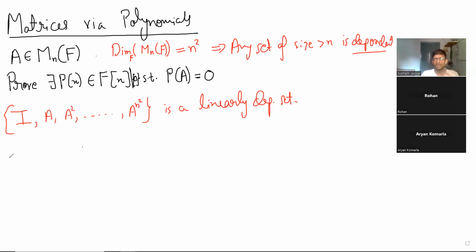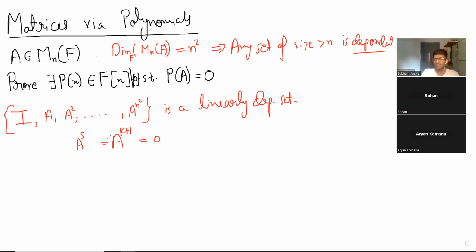So in that case, you get that some A to the power s has come previously, or it could be 0.